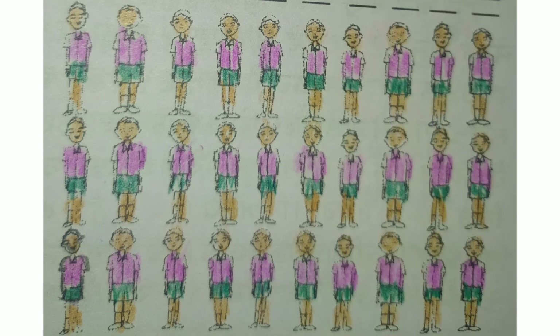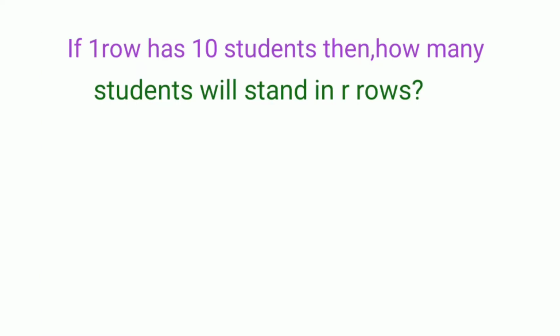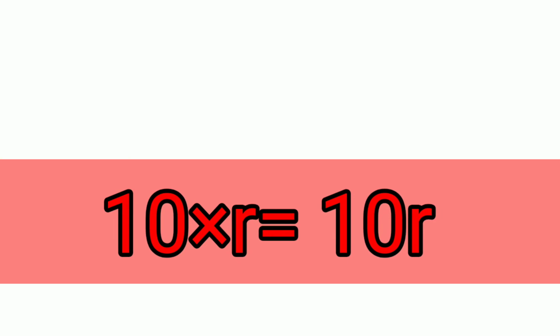Means every time we are multiplying the number of rows with the number of students. So when we have R rows and each row has 10 students, then the total number of students will be 10 into R, that is 10R. Here we are multiplying the variable with the numbers.